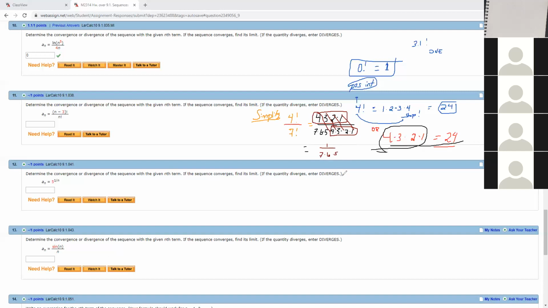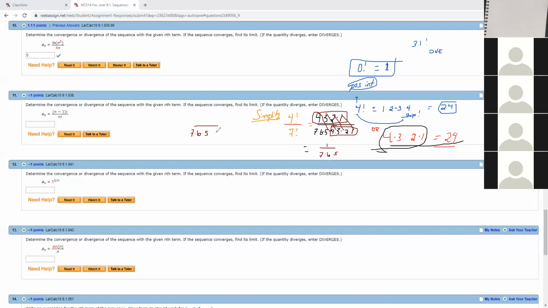So what perhaps is a cleaner strategy is when you have something like this, you just do the following. You write the larger factorial and you start to break it down: 7 times 6 times 5. When you get to the smaller number that's on the other piece of the fraction bar, in this case on the top, oh, I made it to 4, and that's what was up there.